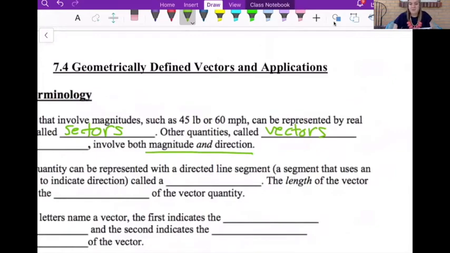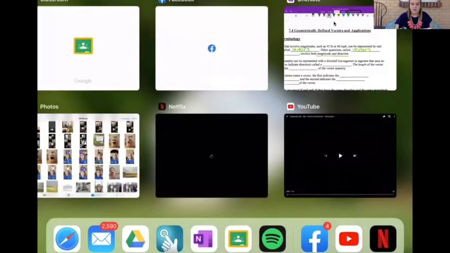So you guys may have heard of this before, and it might be from a familiar movie.